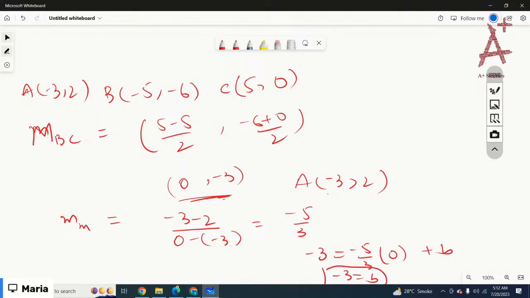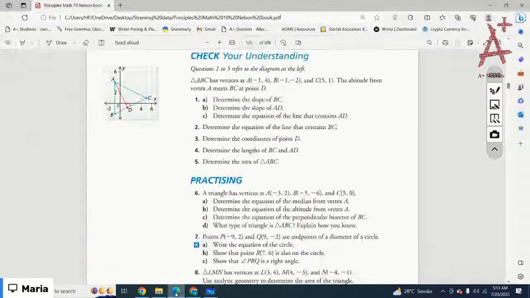So the equation is y equals -5 over 3 x minus 3. So here is the equation of the median from vertex A. Got it?